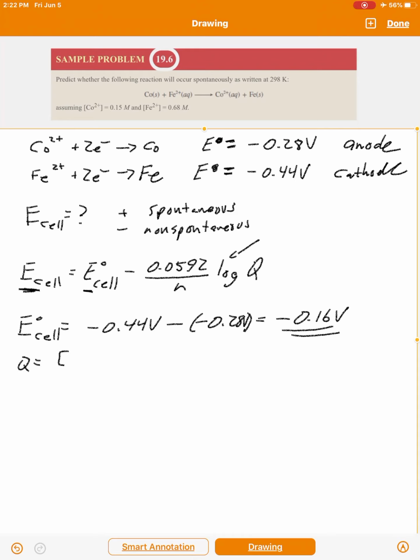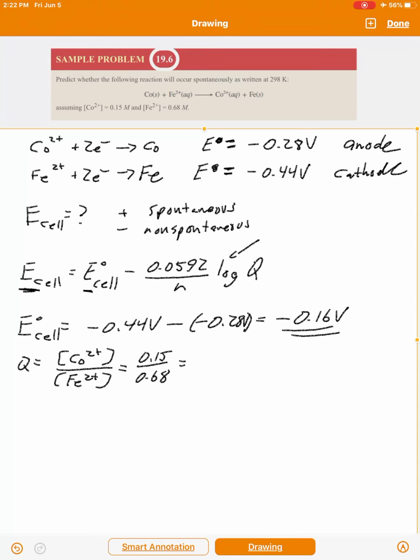Q is the concentration of cobalt 2 over the concentration of iron 2. Remember how we did that back in chapter 15, way back at the beginning of this course? How do you write the expression for Q? Cobalt 2 is 0.15, and iron 2 is 0.68.